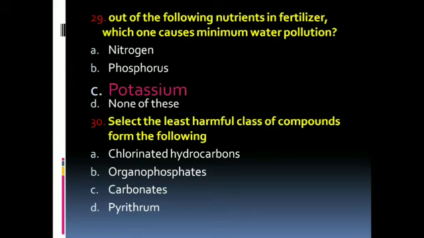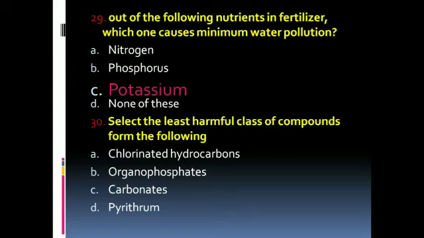Select the least harmful class of compounds from the following. Now here the options are chlorinated hydrocarbons, organophosphates, carbonates and pyrethrum.